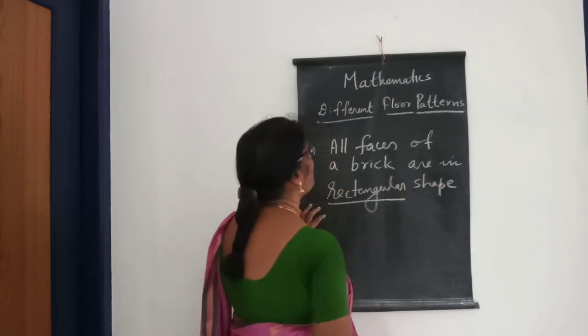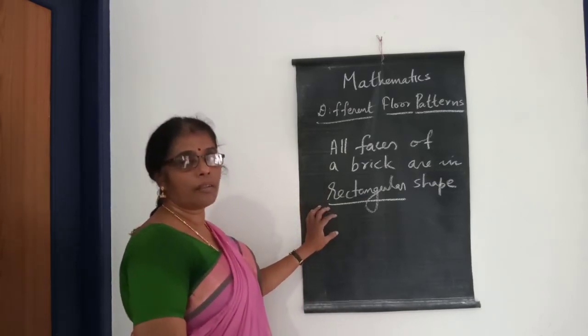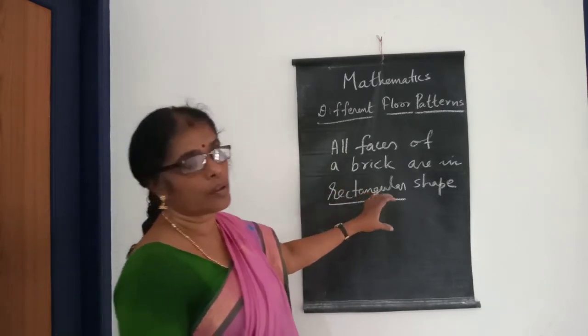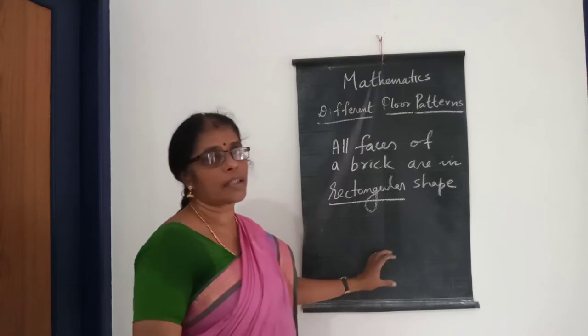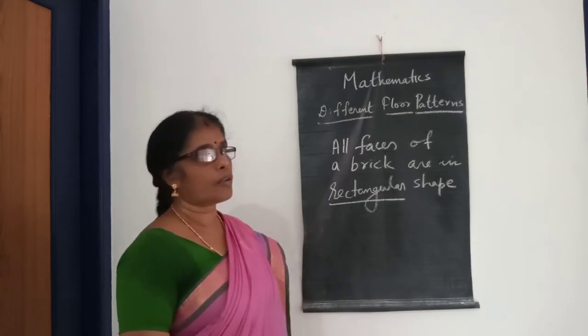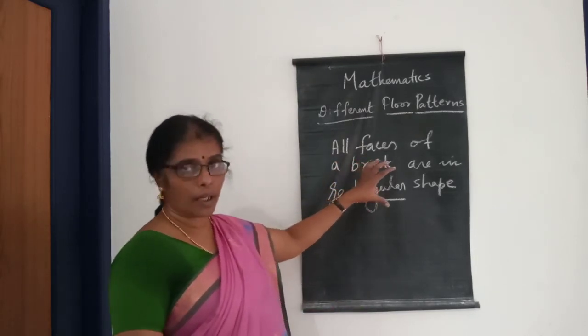Rectangular means both opposite sides are equal. That is rectangular shape, and you write this.